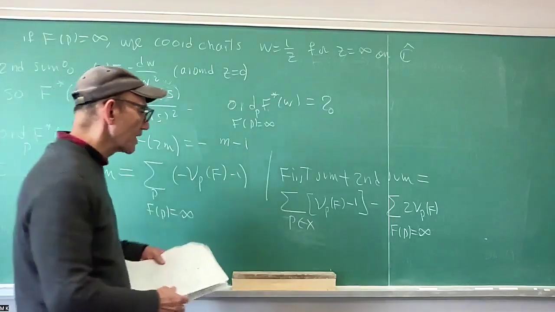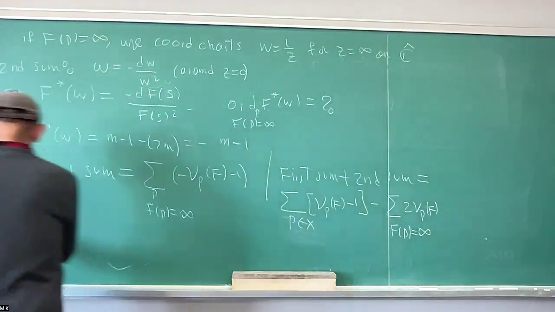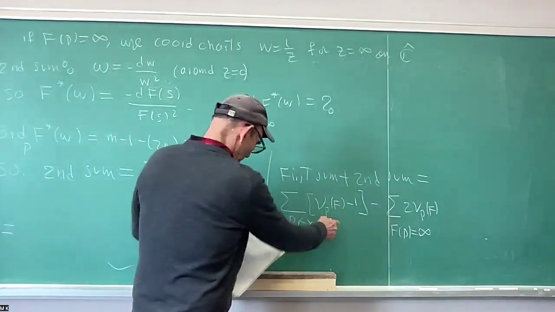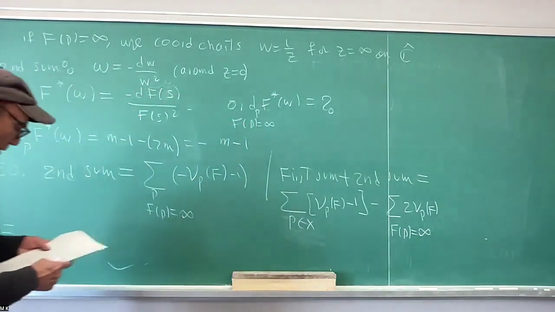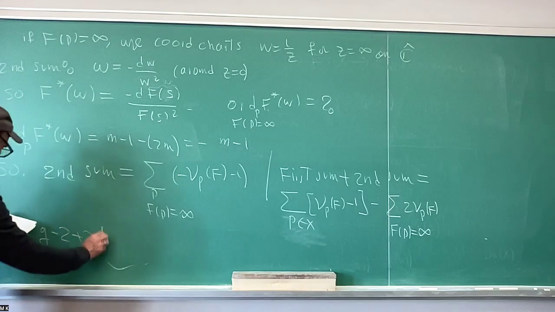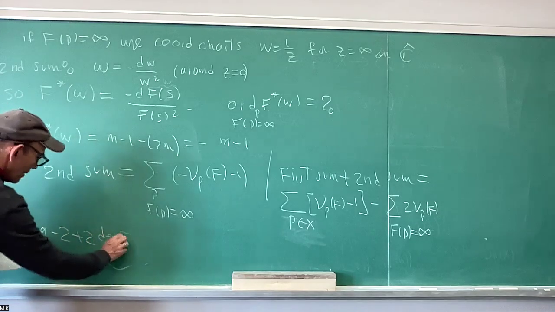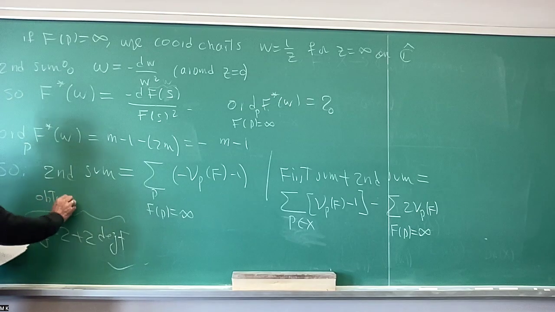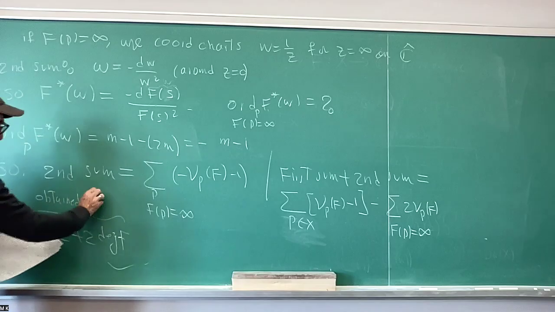So now if you do this calculation, we can use the previous formula. This is 2g minus 2 plus 2 degree of f. That's what we obtained in the previous theorem using Riemann-Roch.